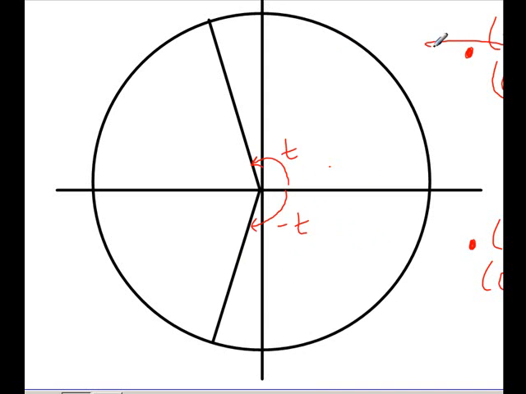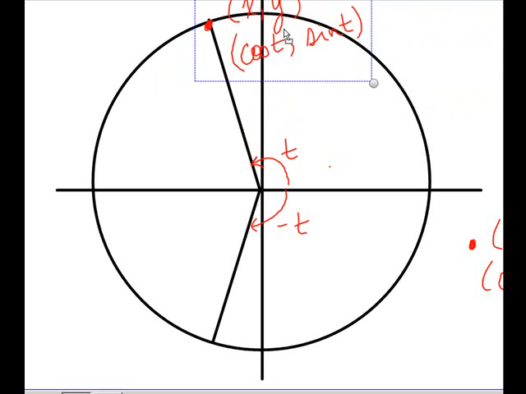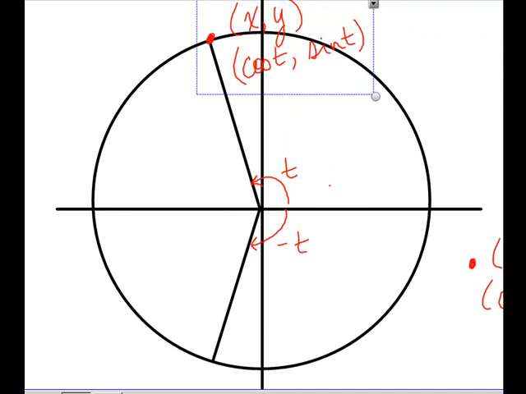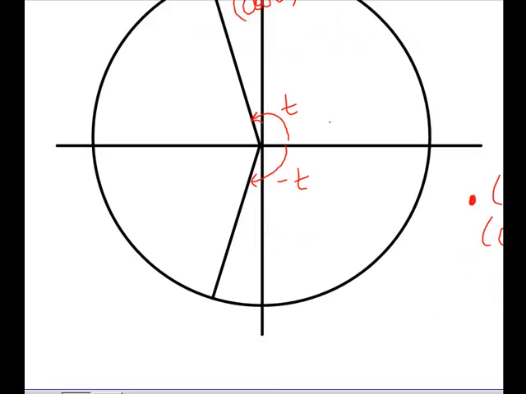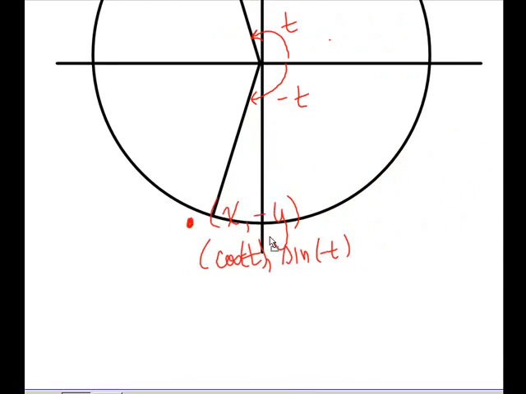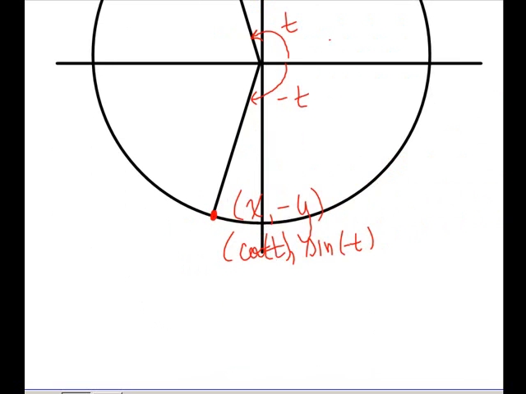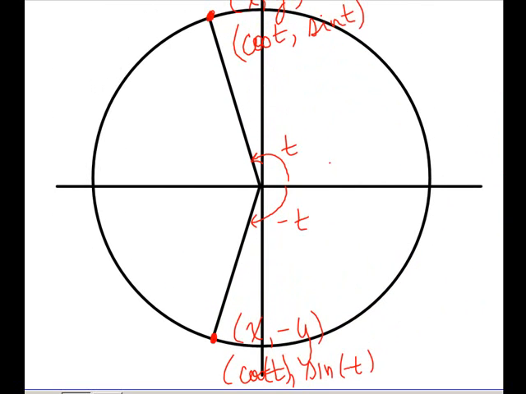So the point where the terminal side for angle T intersects the unit circle has coordinates x and y. It's still cosine of t and sine of t. The point where the opposite of t intersects the unit circle has coordinates x and y. Notice that although they are negative numbers based on where they are, the x coordinates have to be the same. The y coordinates are still opposites.